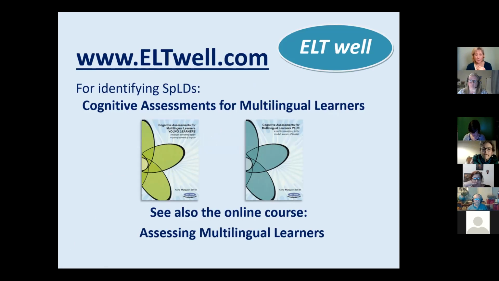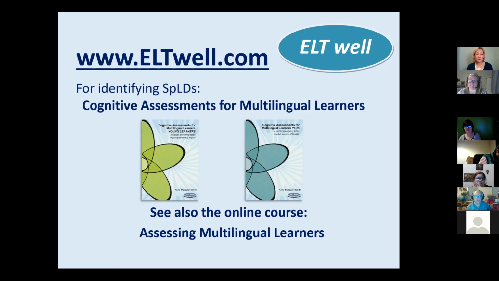There is also an online course associated with it, so you can find these on the ELT Well website. If you'd like to pursue this and want some guidance on how to get started, there's an online course running now. You sign up whenever you want and work at your own pace. It takes about 8 hours.